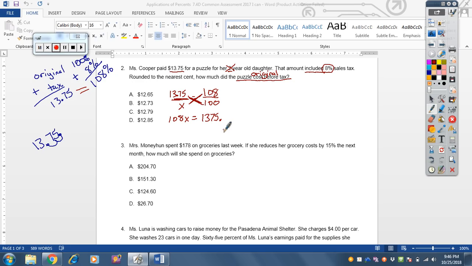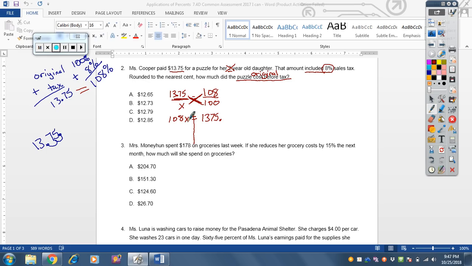And you can put the decimal back here if you want to. Now you have an equation to solve. You're solving the equation 108x equals 1,375. You have to solve this equation like you do in your warm-up every day, like you did in 6th grade. You know how to solve equations.